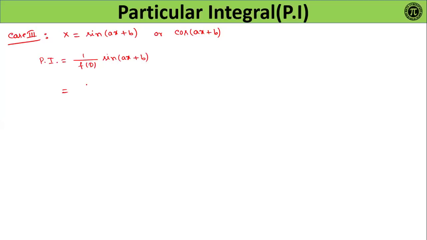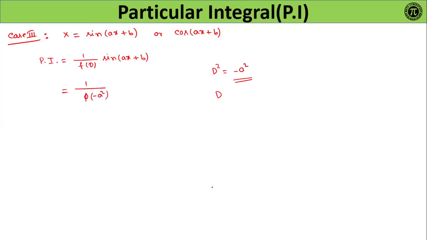Process is just you have to write d2 is equals to minus a square, because this is second order differential equation, so obviously you will have d2. So in place of d2 you have to write minus a square, and the term capital D will be as it is. Okay, so 1 by phi of minus a square.